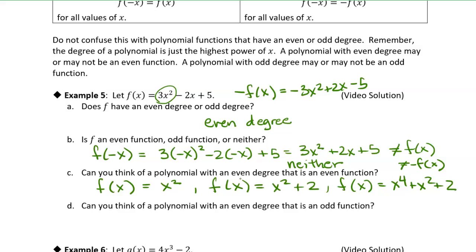Another question here is, can you think of a polynomial with an even degree that is an odd function? So remember that if it's an odd function, then f of negative x is equal to negative f of x. But if we take negative x to the nth power, and n is even, that's just going to be x to the n.